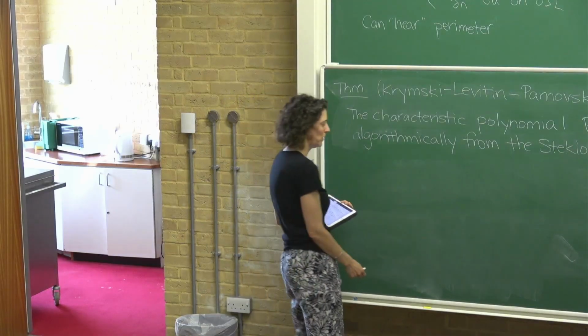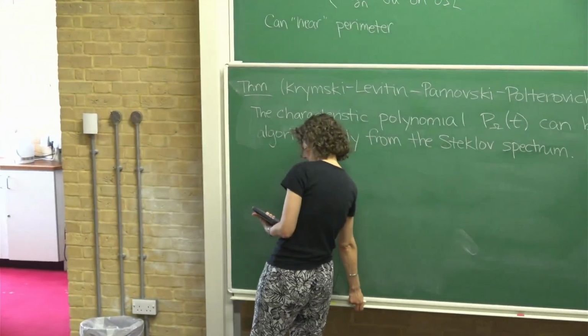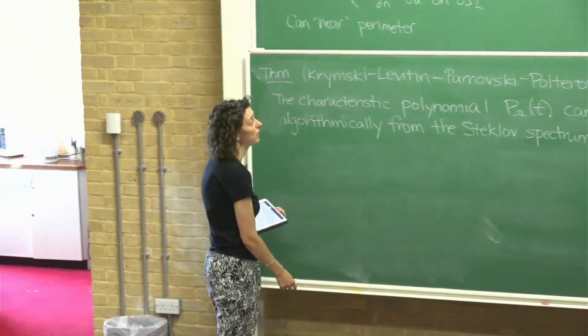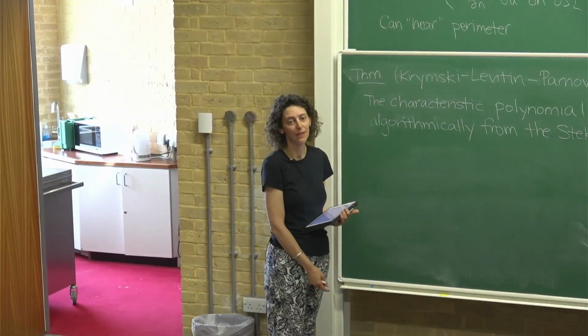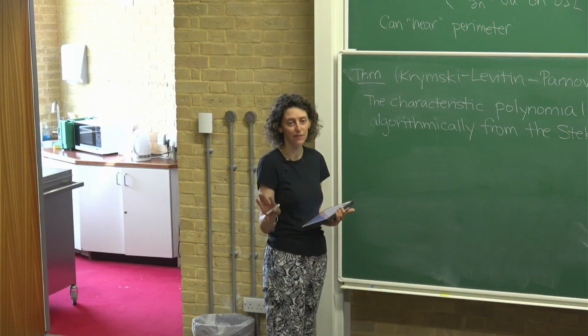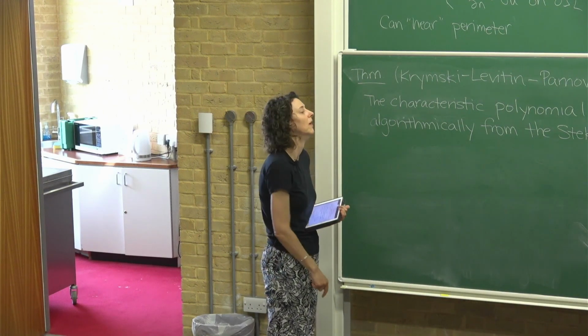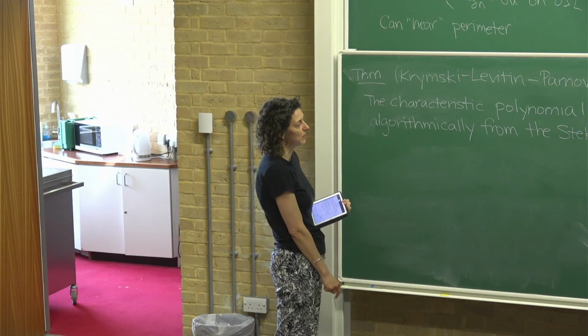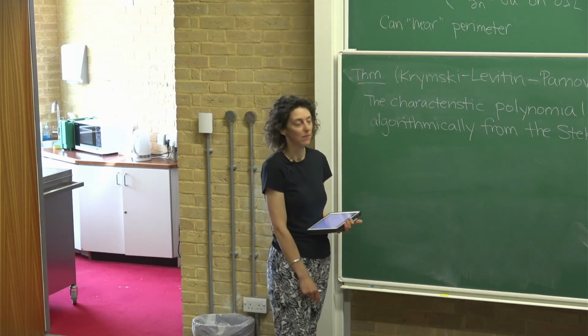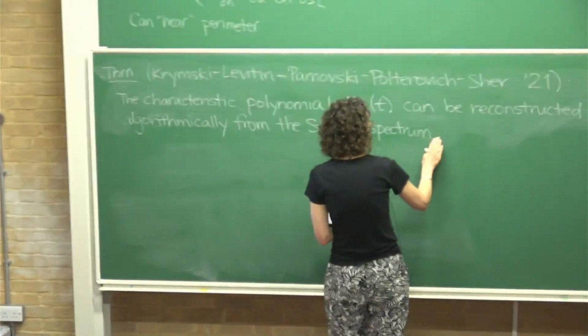This is for curvilinear polygons, so we allow curvilinear. I don't care if the edges are curves or straight, but it can be reconstructed algorithmically from the Steklov spectrum of omega.